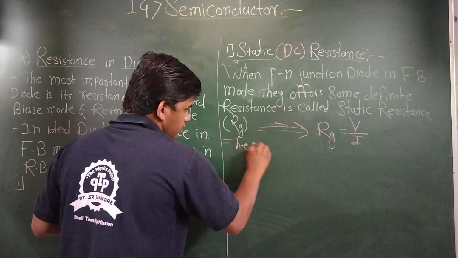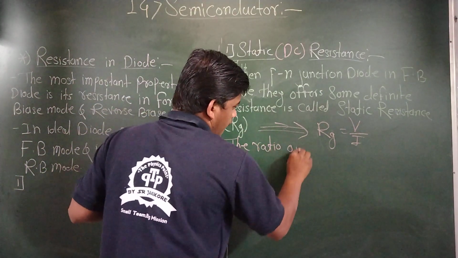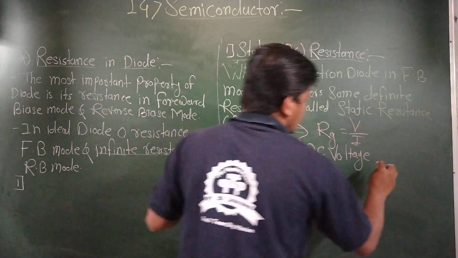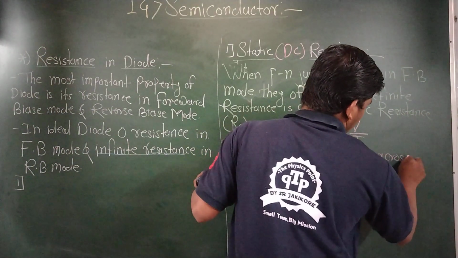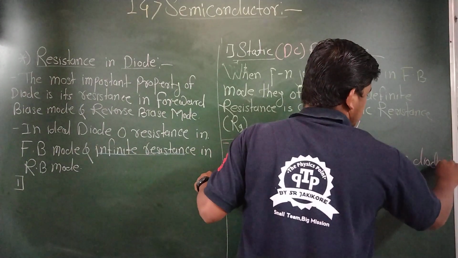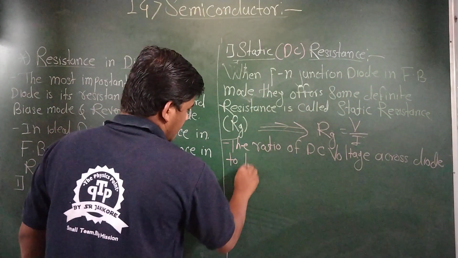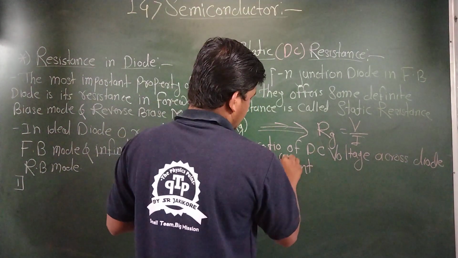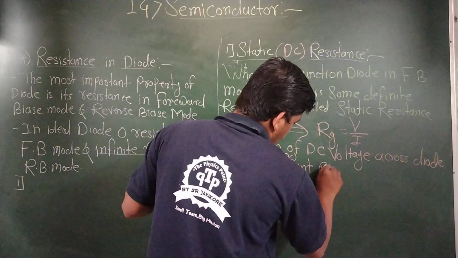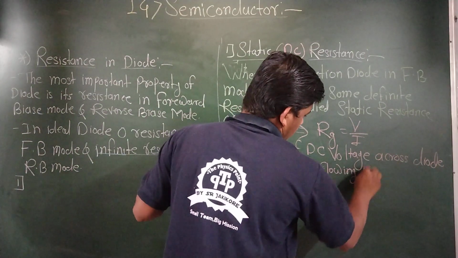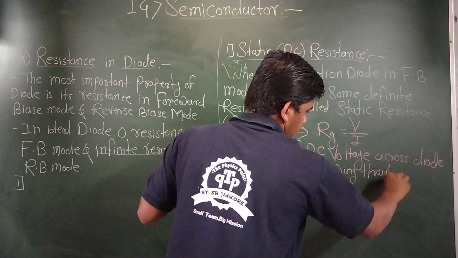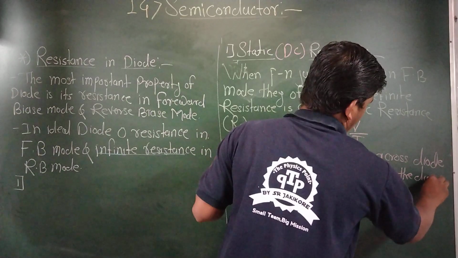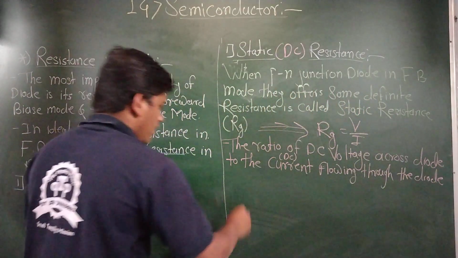The ratio of DC voltage across the diode, not the junction, across the diode, to the DC current flowing through the diode at a particular voltage.